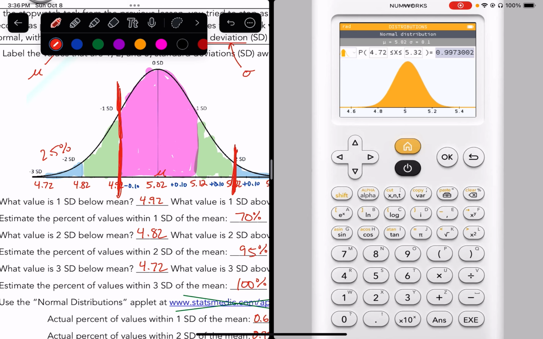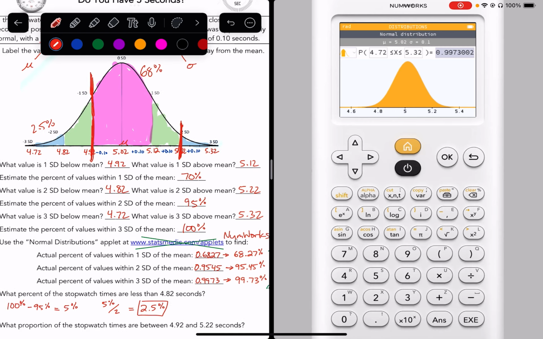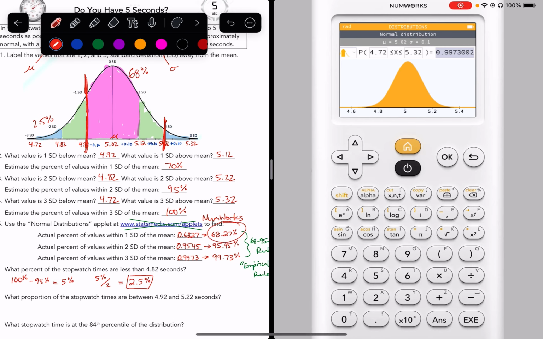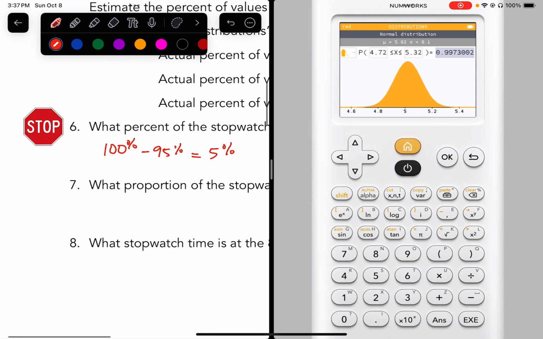I know it's that middle part, the pink stuff, plus one of the green sections, so half of the green stuff. We know the middle part, within 1 standard deviation, is about 68%. So we know we're going to have to use 68%.